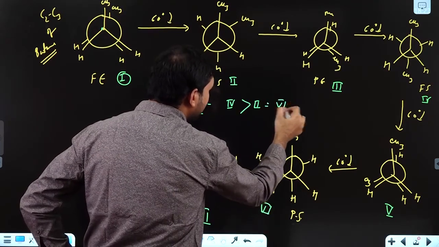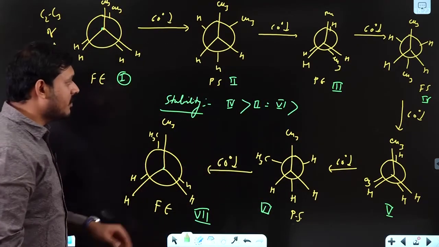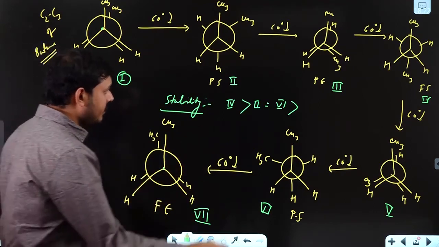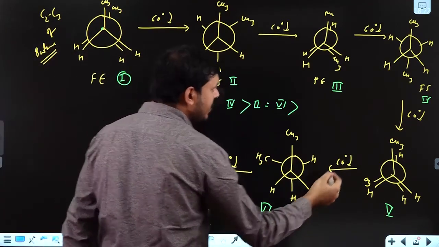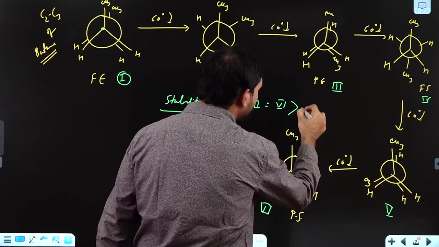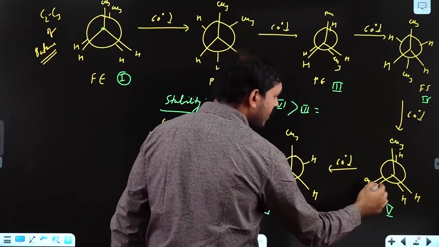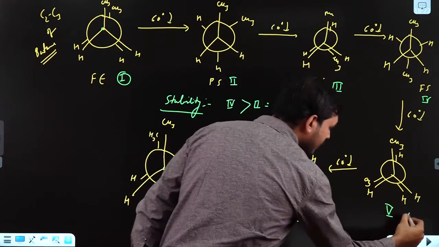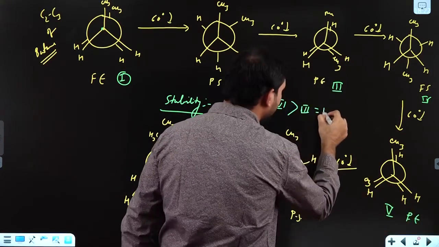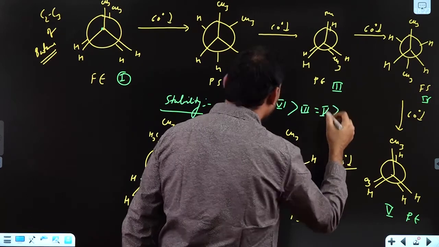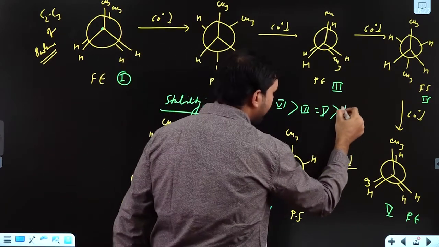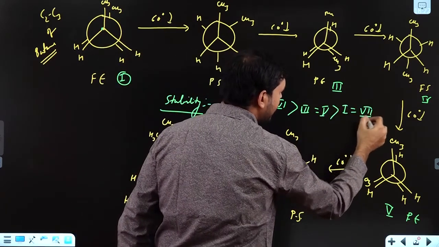So second and sixth must be having the same stability. Then partially eclipsed, so it is your third one, and this one will be your partially eclipsed fifth one. And last, first equals 7.